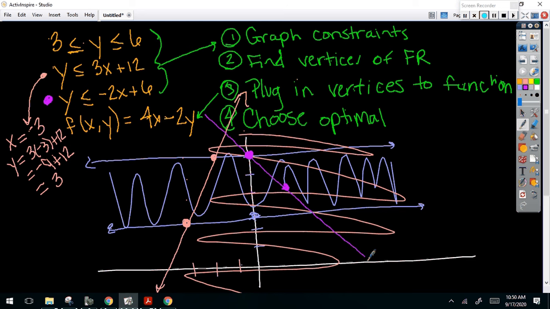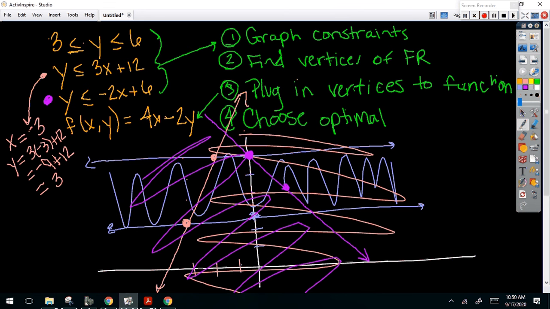Now, if you don't want to use your calculator or Desmos, what you can do is look at these lines, and I should have probably labeled them so you could see. This is y equals 6. This is y equals 3. You can use this to help you. This purple line is y equals -2x plus 6.